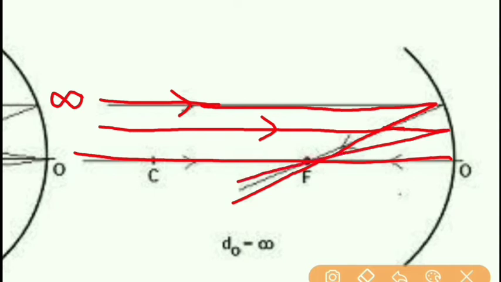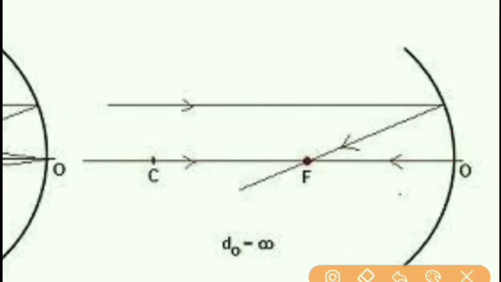So after reflection, these two rays meet at point F, and so the image is formed at this point F. Whatever be the size of the object, the size of the image will be point sized, meaning very small.